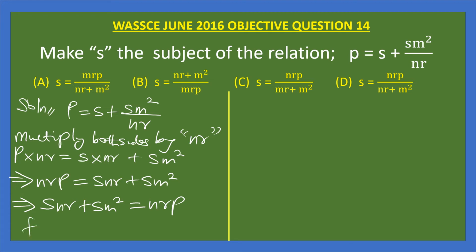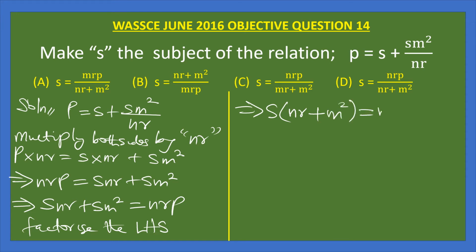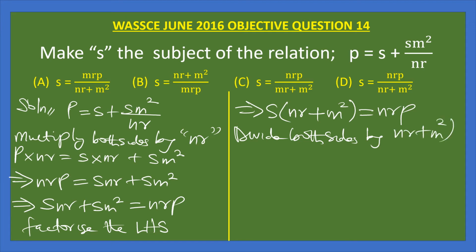The next step is to factorize the left hand side. This now gives us S into NR plus M squared as equal to NRP. But we want S to stand alone. We divide both sides by NR plus M squared.